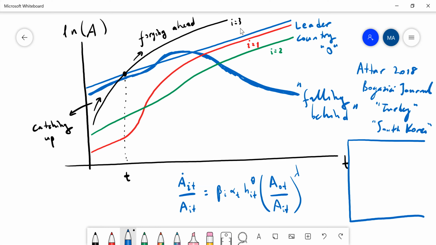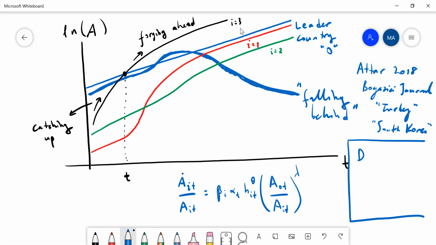There's one nice paper which is called Distance to Frontier by 3 authors: Aghion, Acemoğlu, and Zilibotti. You can find this paper as well, the Distance to Frontier paper.